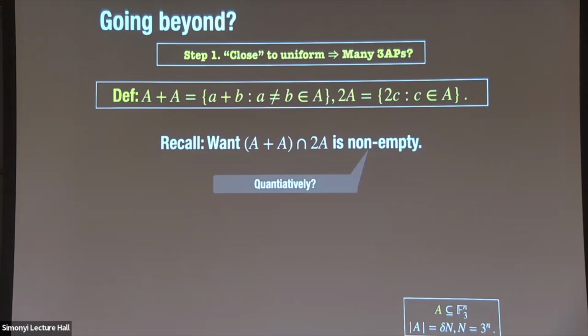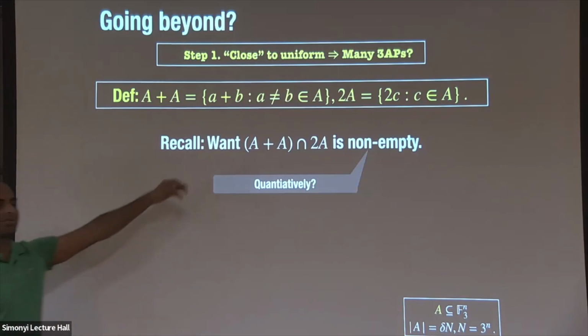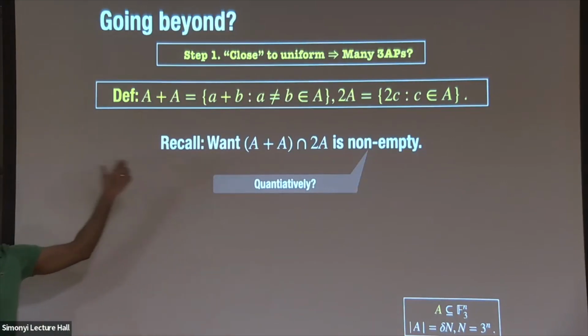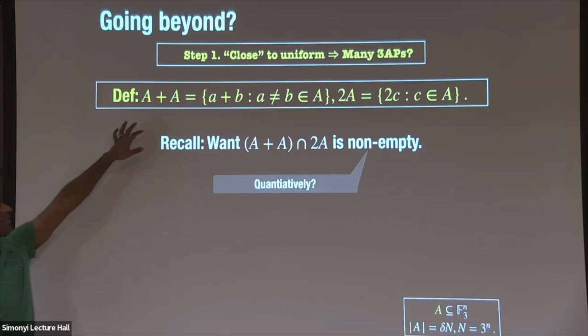Okay. And non-empty is weaker, but can we make it quantitative? Because often if you make it quantitative, maybe we can use other arguments to go along with it. And one suggestion might be to just look at the size of this intersection and say, maybe I want the size of this intersection to be somewhat big or something like that. But the right abstraction is to not just count the size, but also take into account that certain elements in A plus A might be representable in more ways than one.